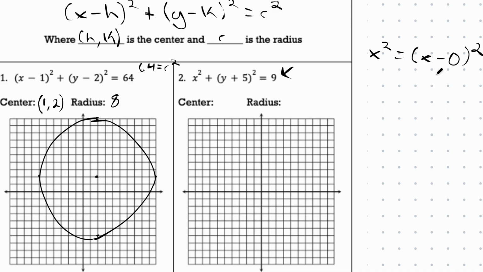So what's our h value here? Yeah, 0. So what's our k value here where we have y plus 5? Well, remember that it's y minus k. So here, essentially what we're saying is y minus negative 5. So this is going to be 0, negative 5.